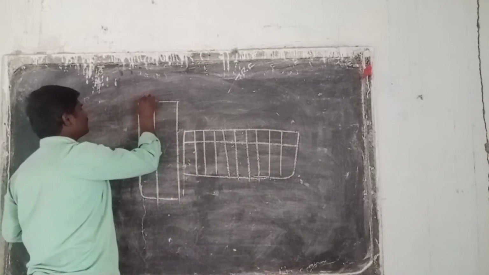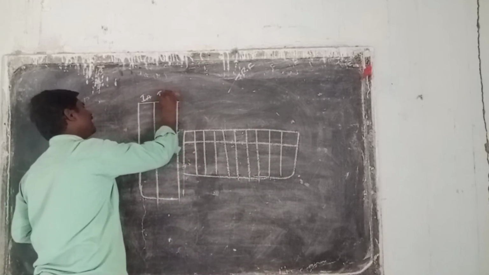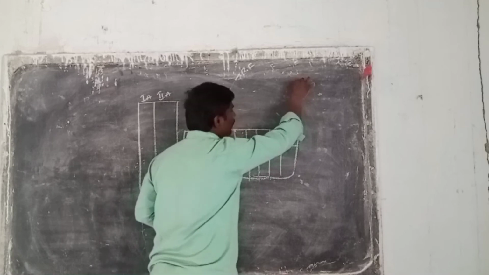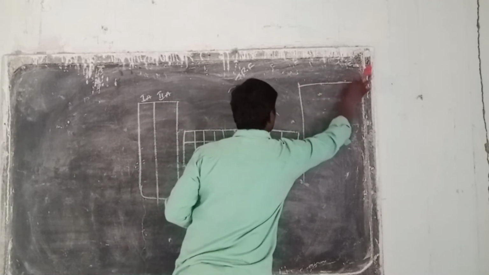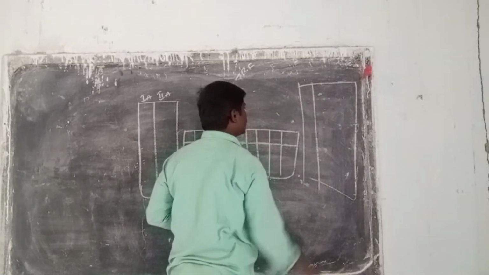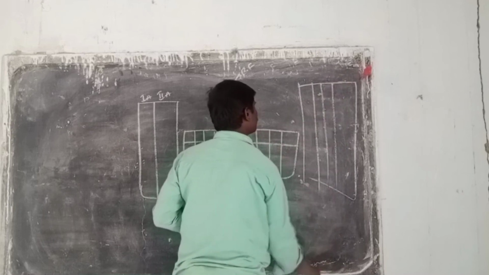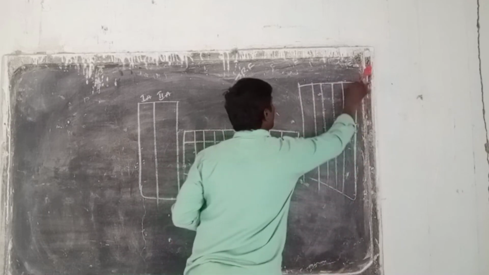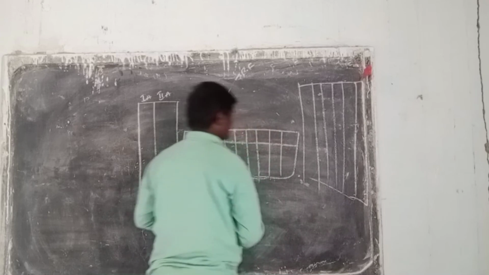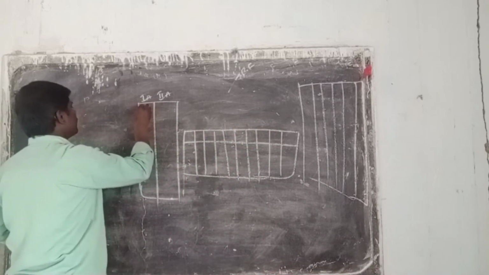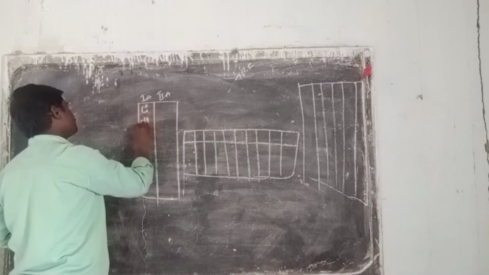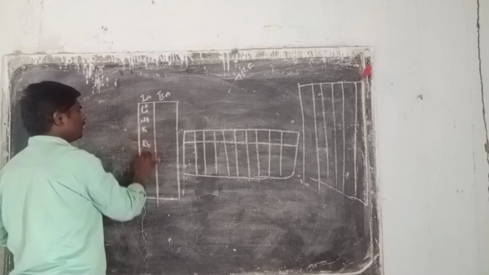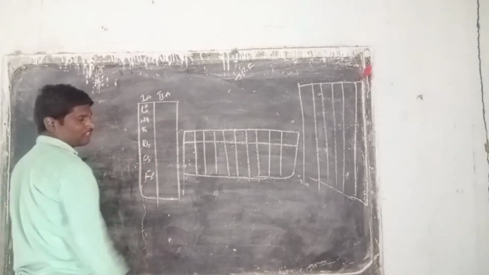Here the first A group elements, second A group elements. Now the P block elements: third, fourth, fifth, sixth, seventh and eighth groups are present. This is lithium, sodium, potassium, rubidium, cesium and francium.